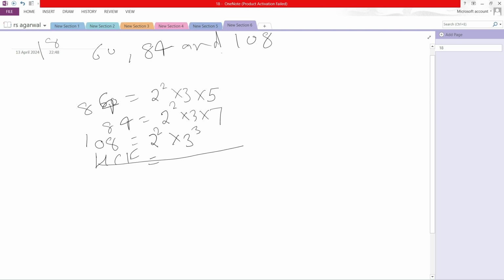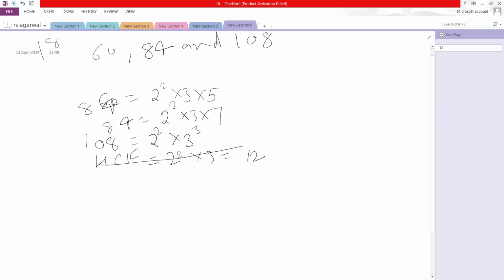So HCF is equal to 2 square into 3, which is 12 here. Now this means in each room 12 people will be there. If we divide by 12, all of 60, 84 and 108 are divisible.